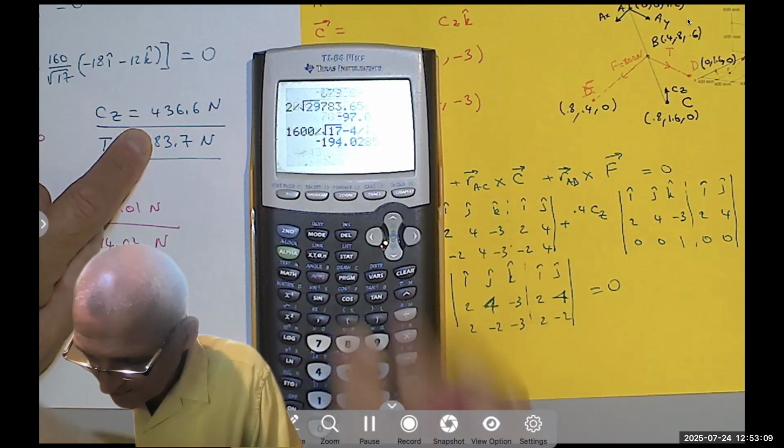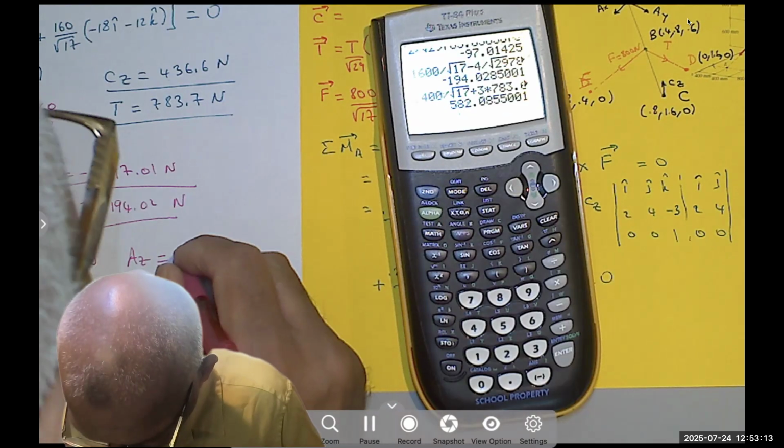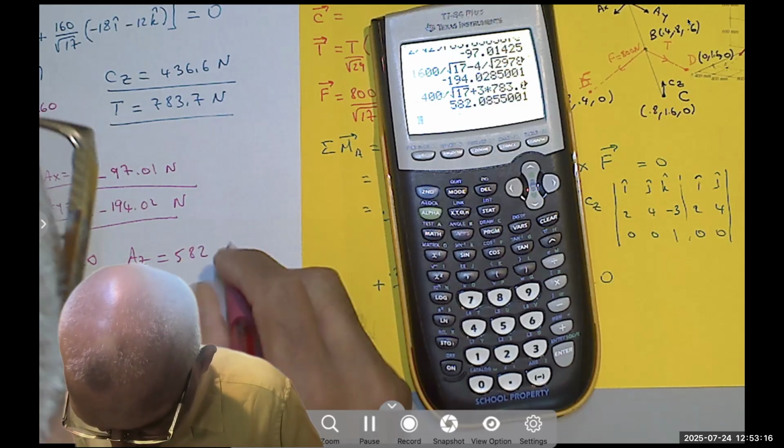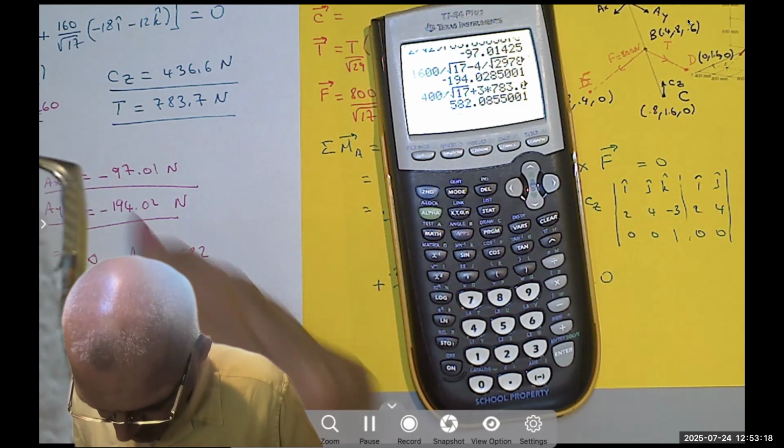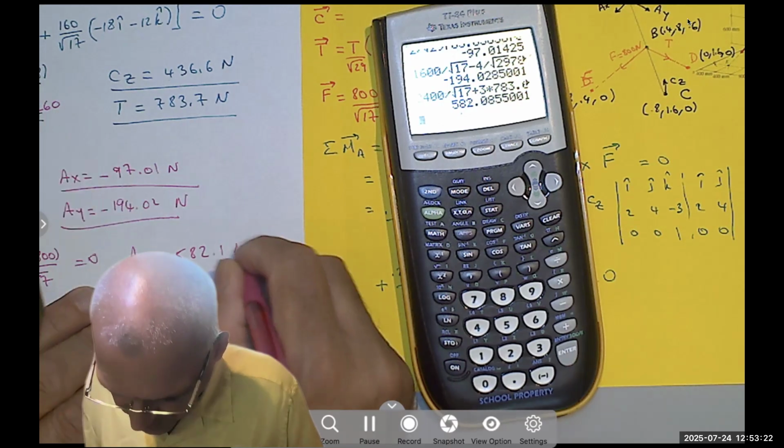Yeah. And I get 582. That's 3 times that, by the way, 0.08 or 0.1 Newton.